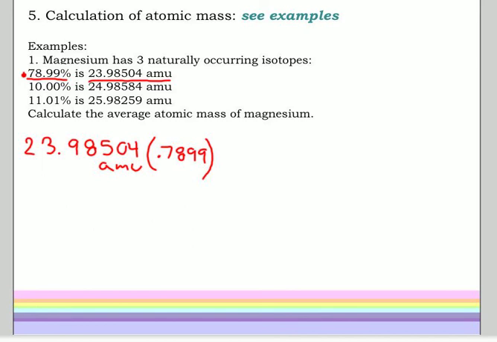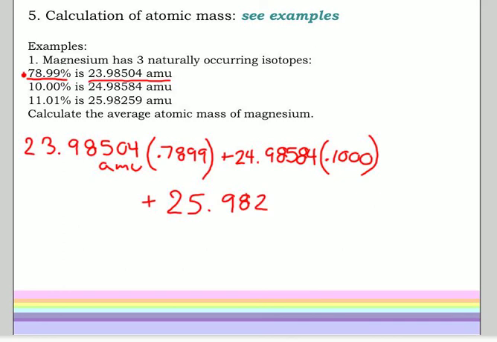The next one is 24.98584, and it's 10% common, or 0.1000 in decimal form. And then the very last one is 25.98259, and it's 11% common, so it's 0.1101.